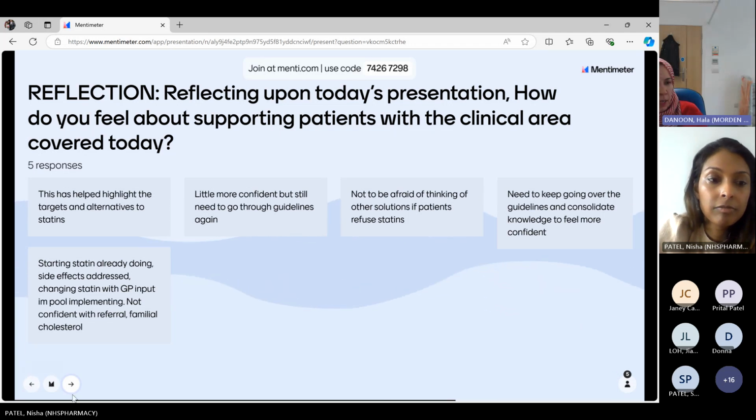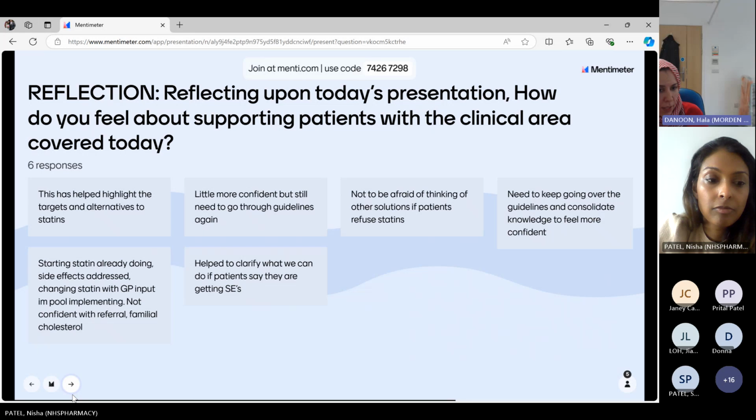Statin already doing, side effects addressed, changing statins with GP input, in full implementing. I am implementing. Not confident with referral, familiar with cholesterol. I think that's absolutely fine.